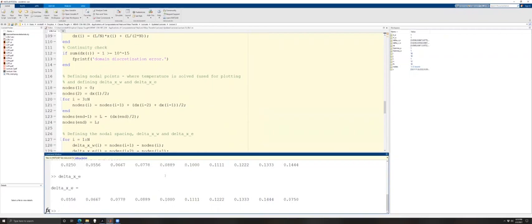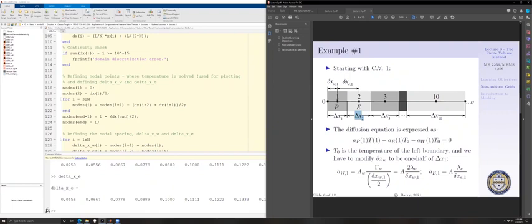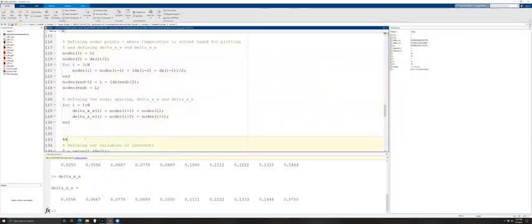Now delta x east, this would be this node less that node. And that's going to give us the value of about 0.0556. So you can go through and double check by hand. I did so earlier today, did all the math in MATLAB, did it all by hand. It all checks out.